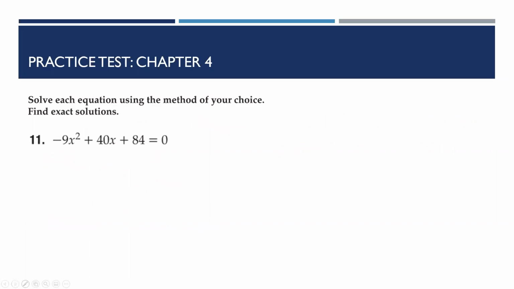All right. And then for number 11, this is not so easily factorable. So I'm going to use the quadratic formula. And remember, that is negative b plus or minus the square root of b squared minus 4ac all over 2a.